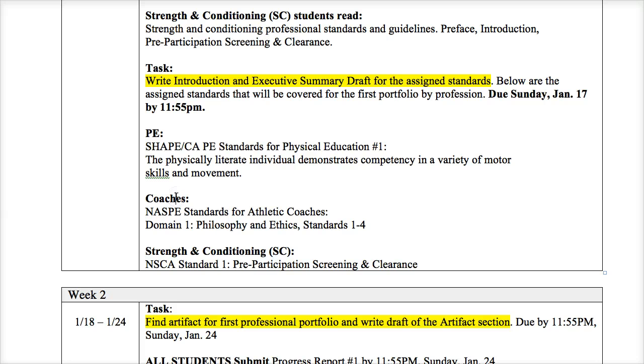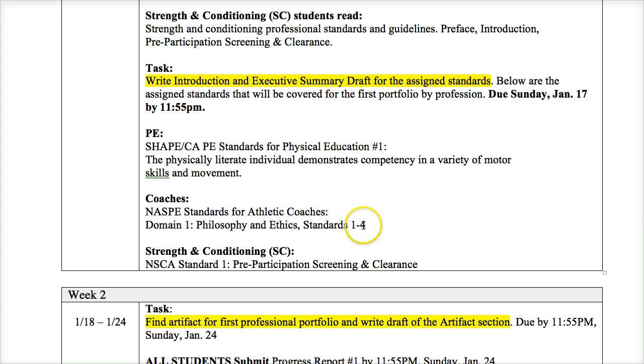Now, the coaches, it gets kind of hard for some people to understand. You'll see in your document that there's domain 1, which is titled Philosophy and Ethics. Then there are 4 standards within the domain.